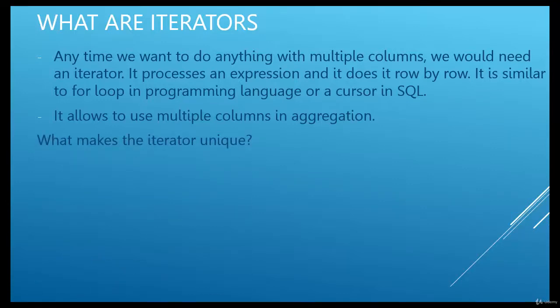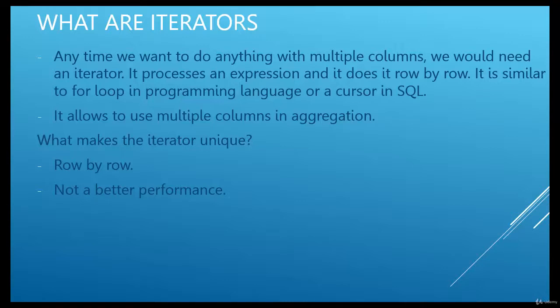What makes the iterator unique is it does it row by row, as I already told you. It does not produce very good performance in terms of the time it takes the first time it's doing the calculation, but it is better than a calculated column because a calculated column keeps the RAM value intact, whereas an iterator does not.